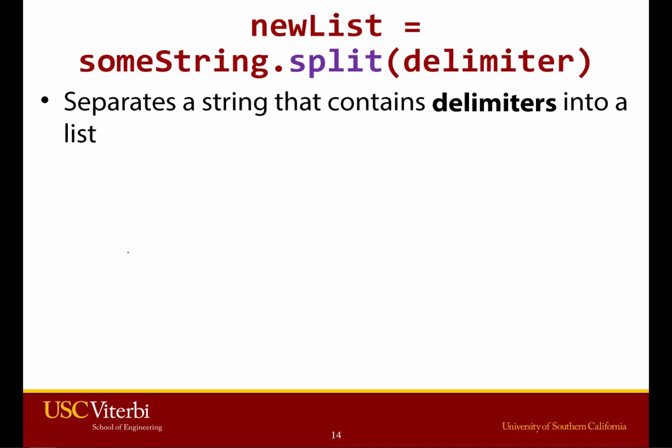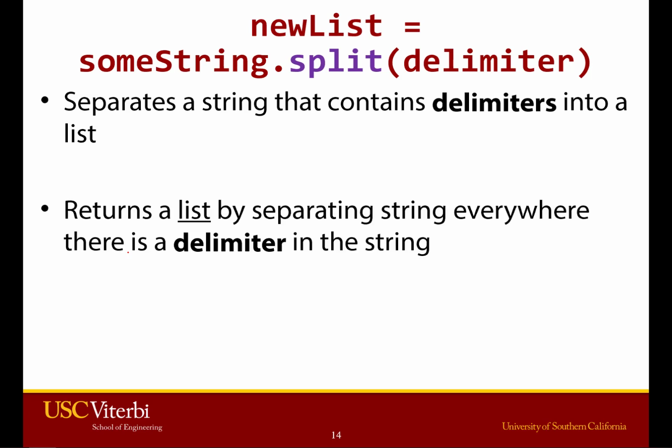The last function, or method, to look at here is split. And split is really powerful, and we're going to look at it a little bit later as well. It separates a string that contains a particular delimiter. Remember, delimiter is just a symbol. So it takes a string that contains a repeating symbol and chops it up into a list.